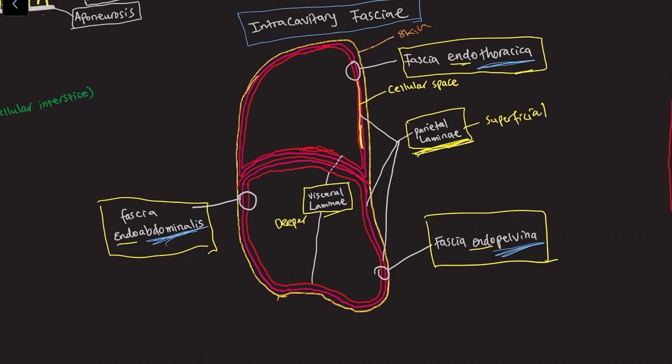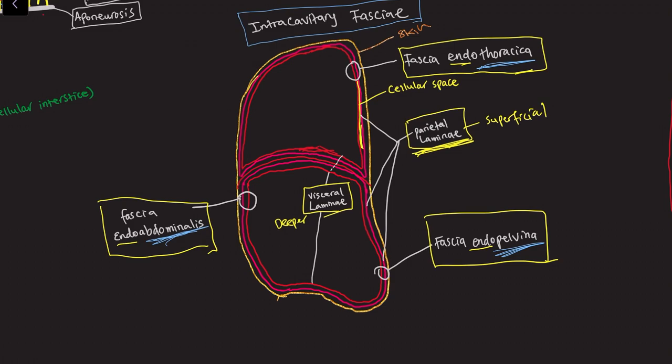So you have the parietal lamina attached to the thoracic wall or the abdominal wall, and the visceral lamina attached to the visceral organs, the heart, the lungs, the trachea, and so forth.